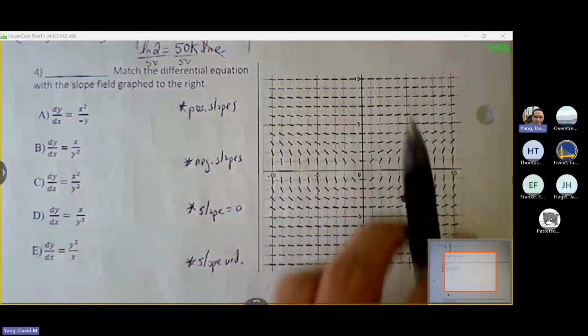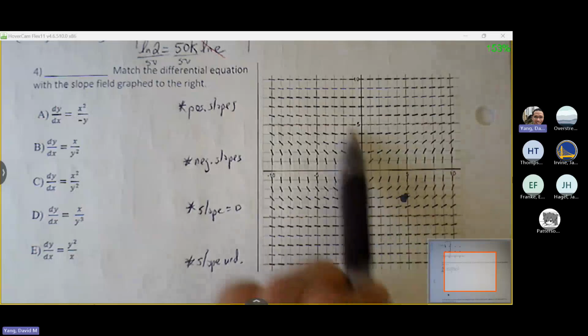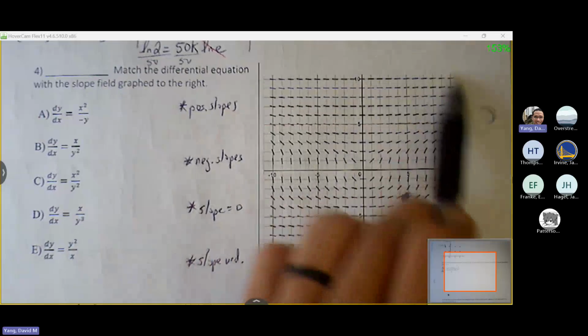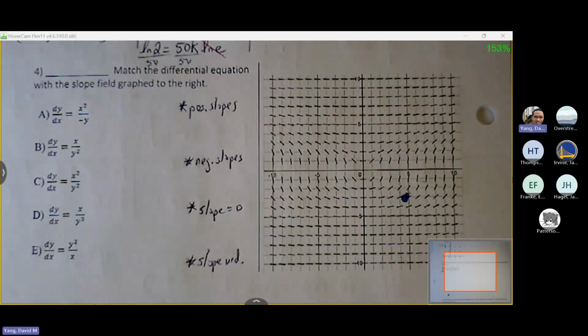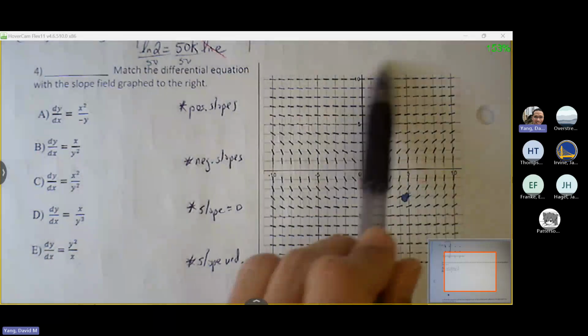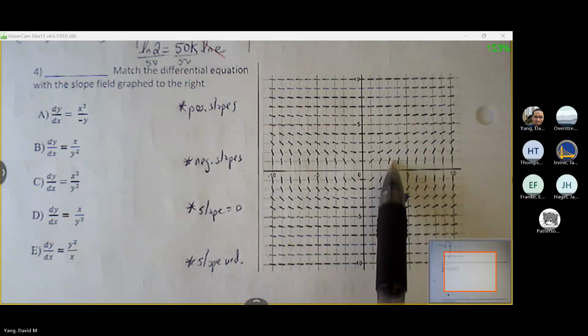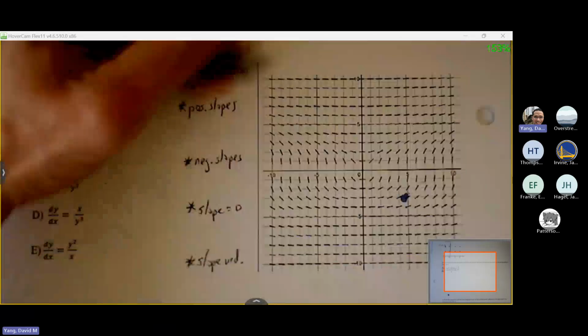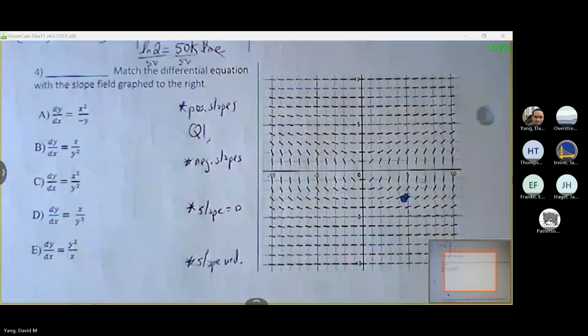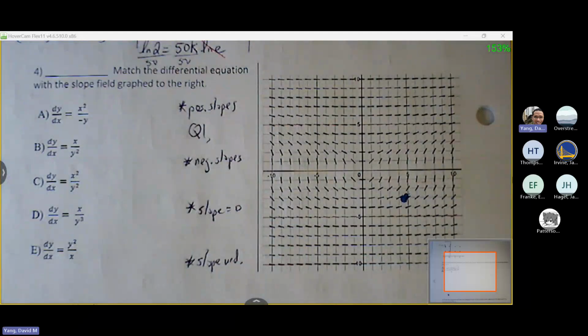So for positive slopes, I see quadrants giving me a nice collection of similar slopes. So quadrant 1 is positive. Where else do I see positive slopes?